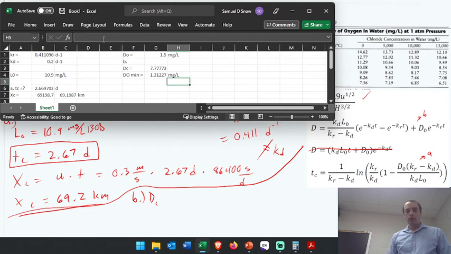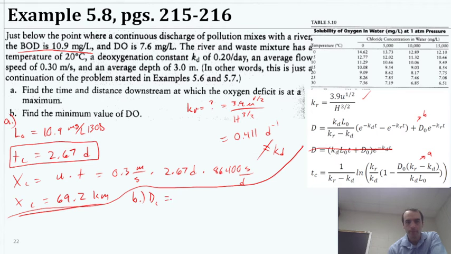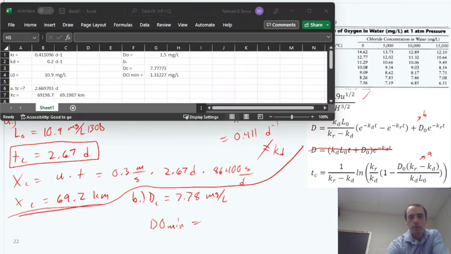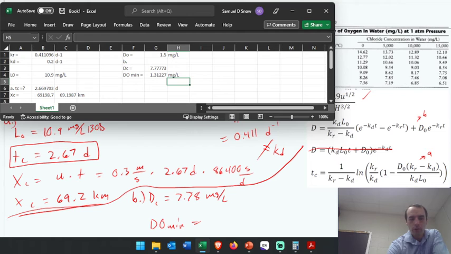Quite interesting if we consider those implications. So we'll say the deficit here was 7.77, I guess round up. And then the dissolved oxygen minimum is 1.31.